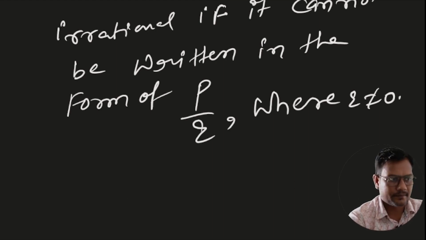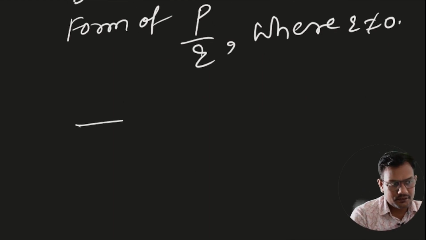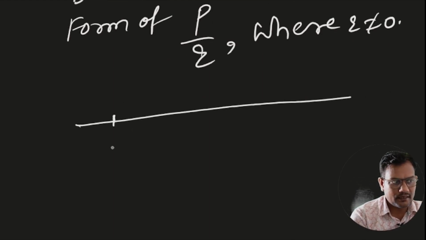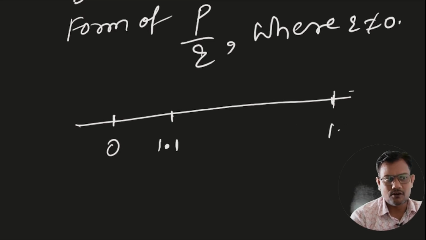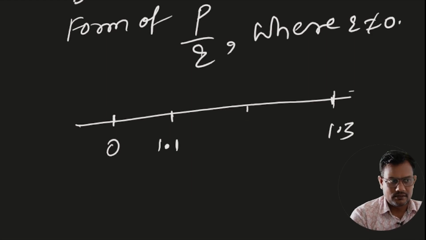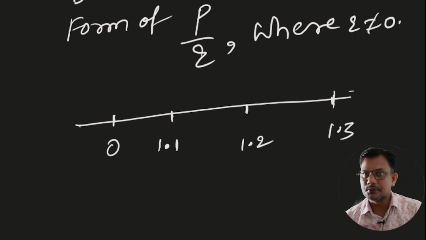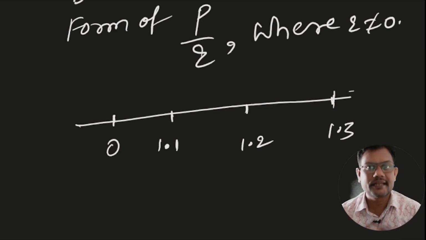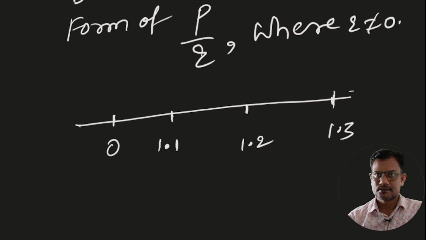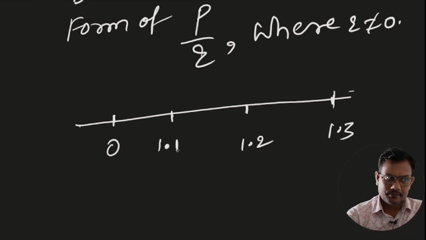That means in the number line you have many numbers which are in the form of rational numbers, but between those numbers we have infinite rational numbers.